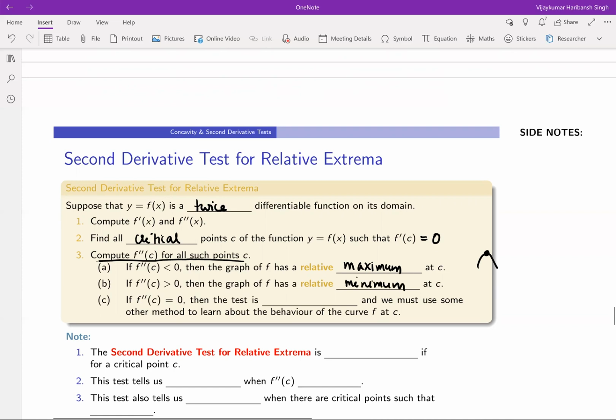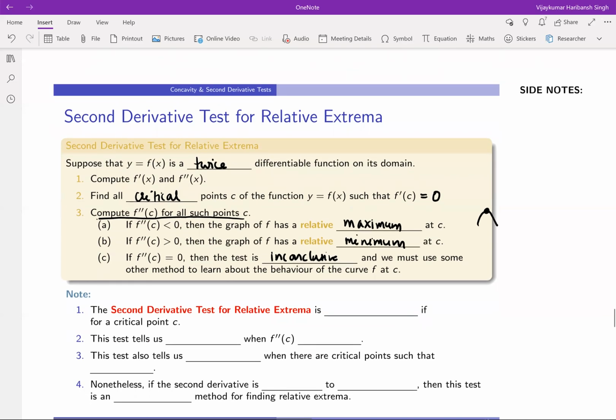However, if f double prime of c is equal to 0, then the test is inconclusive, so we must use other methods to find the behavior of the curve at c. Note that the first derivative test is robust, meaning it will work all the time, but the second derivative test, if it works, is the quicker method of finding relative maxima and relative minima.